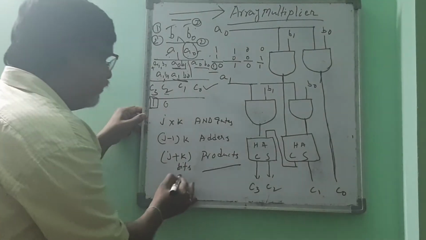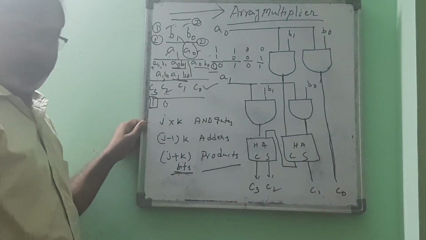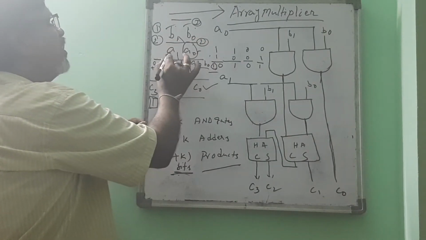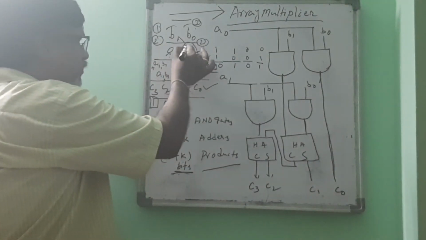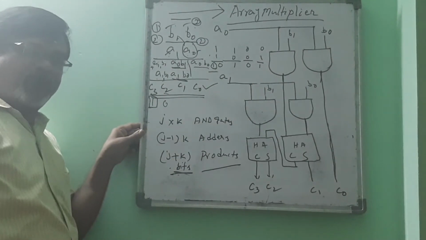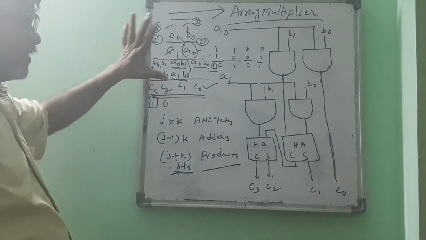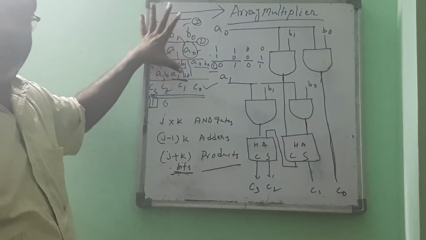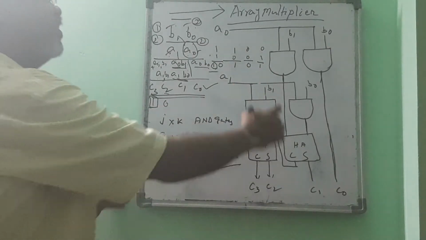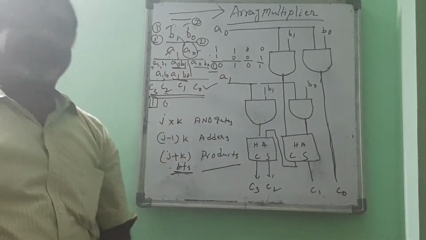So when you are going to perform a multiplication between two numbers of 2 digits, the product will be j plus k bits. Here this is one number, 2 bits are there. This is another number, 2 bits are there. So the product will be 2 plus 2, so you will get a 4-bit product. So to represent this process of multiplication in the hardware implementation, we will use AND gates. But how many AND gates do you need?